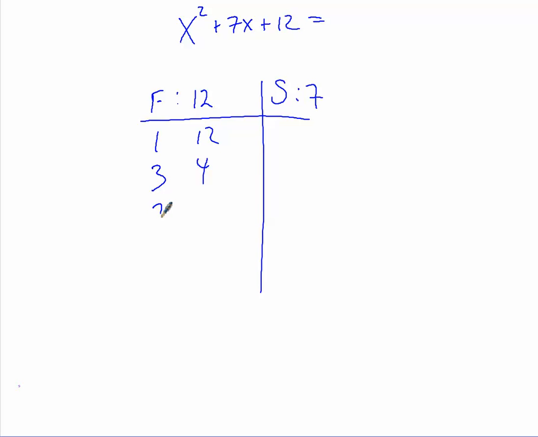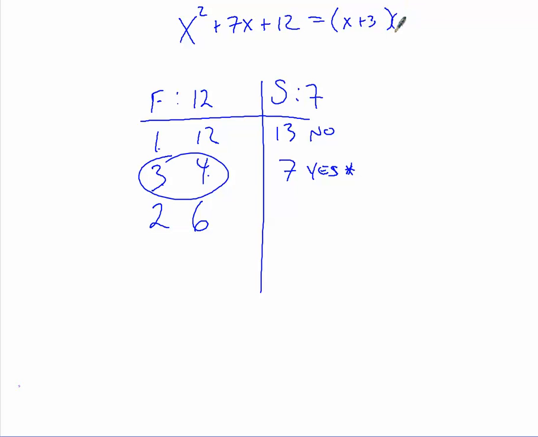I know 3 plus 4 is 7. 1 plus 12 is not 7. 2 plus 6 is 8. 3 plus 4 is 7. Okay. So what is my answer going to be? Ashby? Would it be x plus 3 and x plus 4? Exactly. We have successfully factored this.